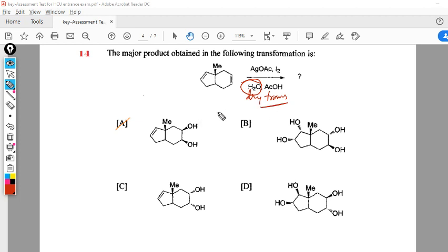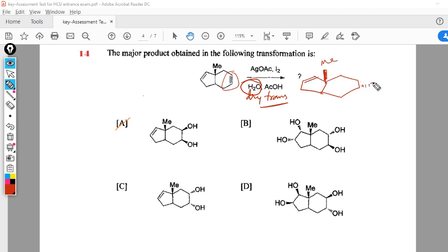Initially, this double bond is going to attack the iodine. Iodine attack will result in, as the methyl is above the plane, it must attack from below.